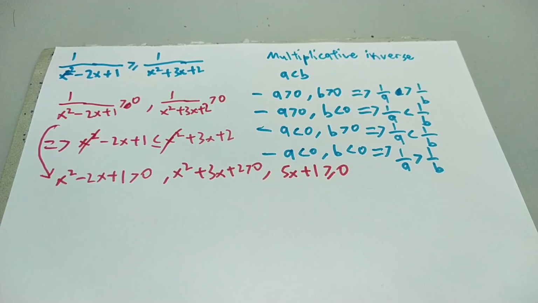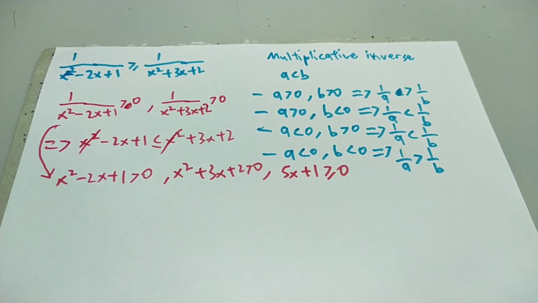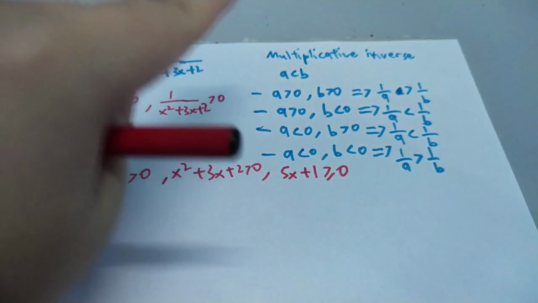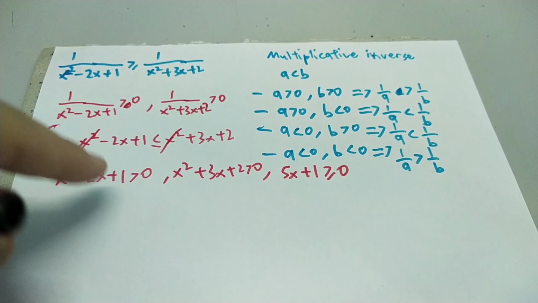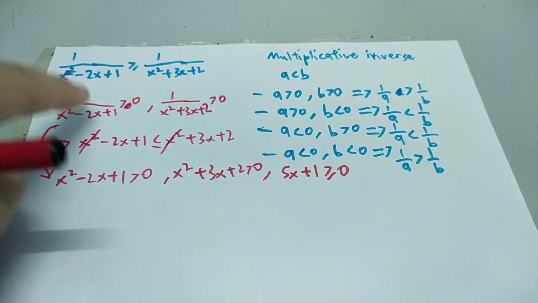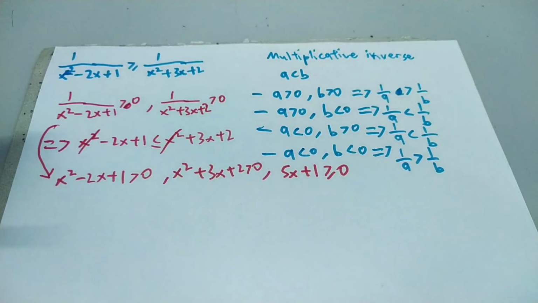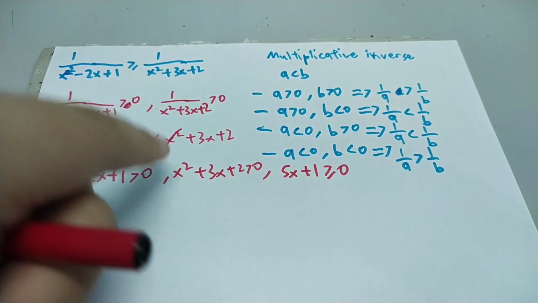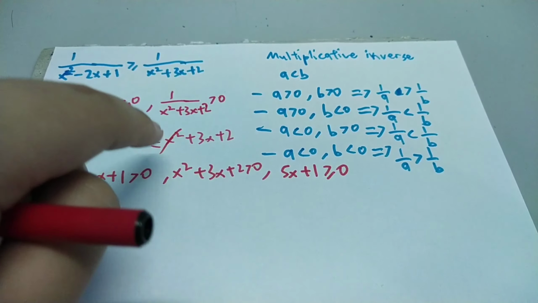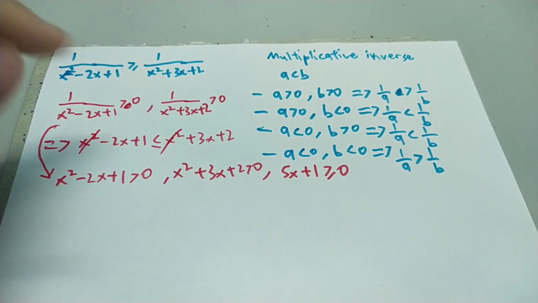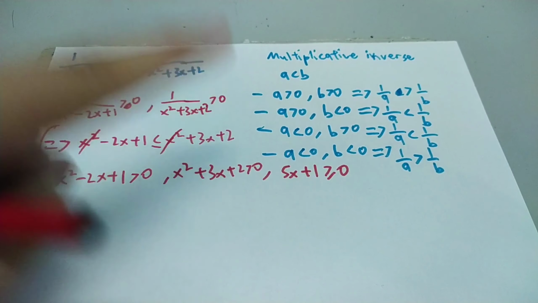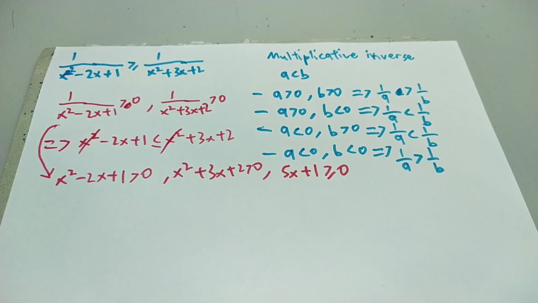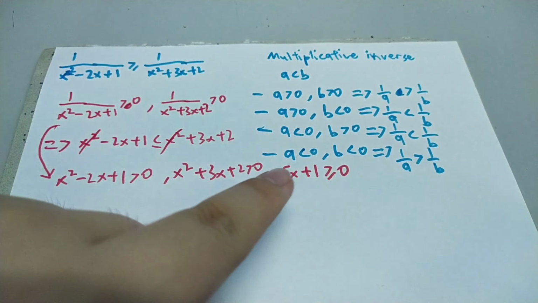Which means that I need to solve the system of inequalities of these three. Because when this is bigger than 0, which means that this is going to be bigger than 0, and we flip both of them at the same time, the inequality is going to be flipped. Which means that after we flip the expression, the value of x still has to satisfy this.